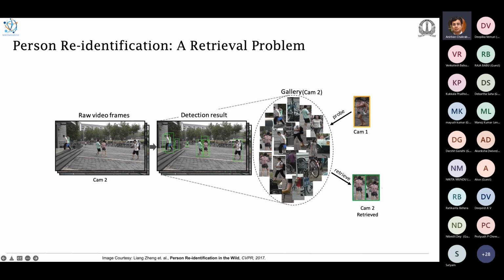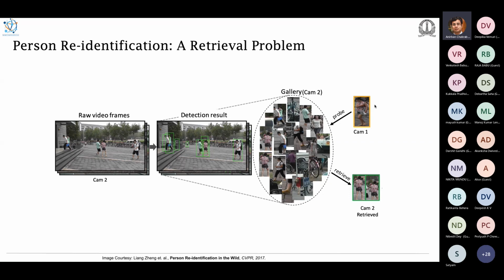So that is exactly what a re-identification problem is. That is, once you detect these human objects using, let's say, a modern object detector, right? And that constitutes a whole lot of detected object images, or human images in this case, which we call a gallery set. Now, you want a person of interest to be monitored across these different cameras in this campus.